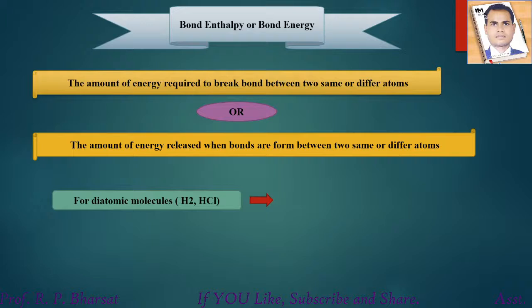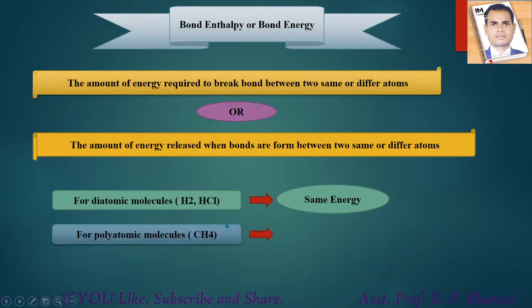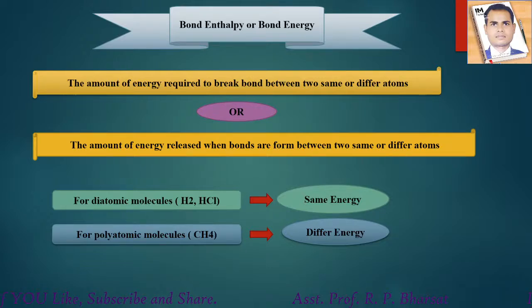And in this case you should know, if you want to make or break diatomic molecules like H2, HCl, that time the same energy is required. And if you want to make or break polyatomic molecules like CH4, methane, or ethane, that time you need different energy to break or form their bonds.